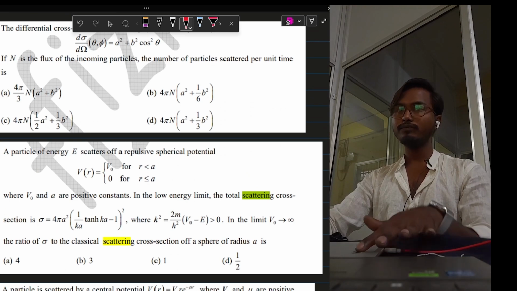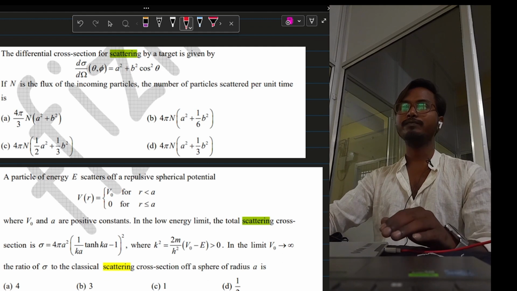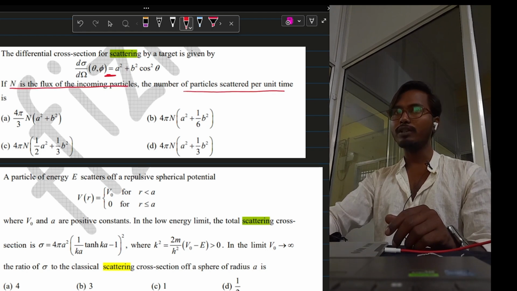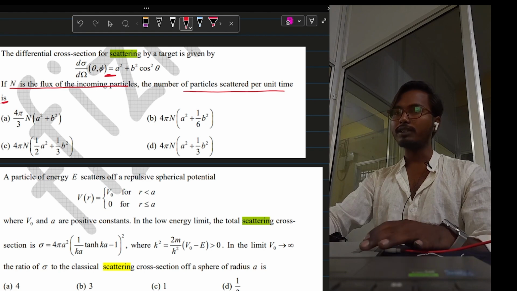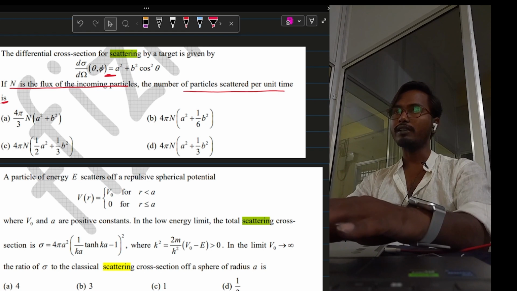Now let us look into another problem. The differential scattering cross section for scattering by a target is given by this. If N is the flux of incoming particles, the number of scattered particles per unit time is?